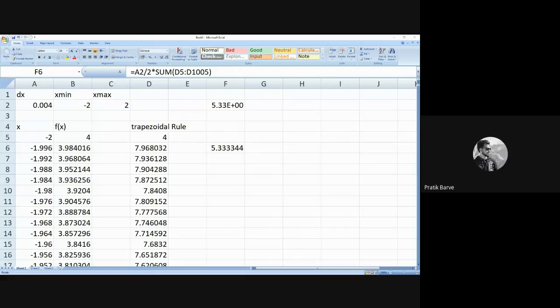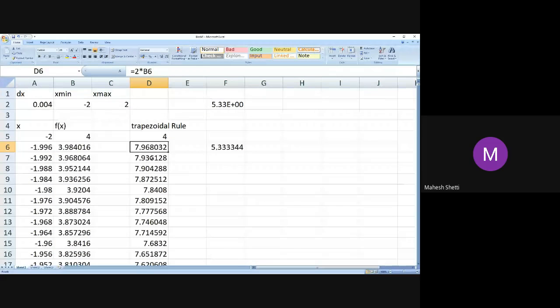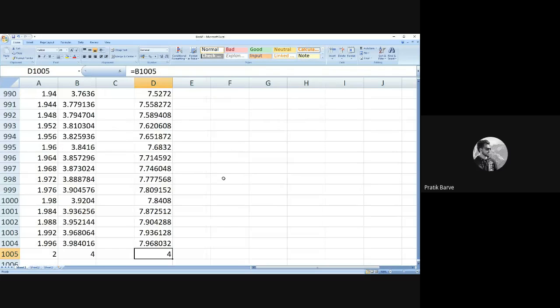And could you please show the formula for D6 once more? Yes, see, D6 is 2B6, D7 is 2B7, D8 is 2B8. D1005 is the same as B1005. Yes, the last value should be the same as B1005.